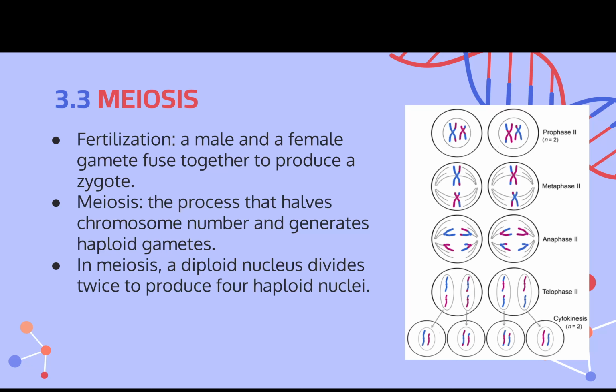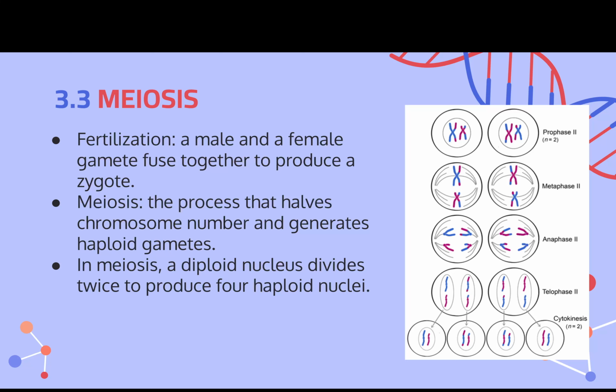Cool. So, in meiosis, the first thing is fertilization. A male and a female gamete fuse together to produce a zygote. Meiosis, however, is the process that halves the chromosome number and generates haploid gametes.